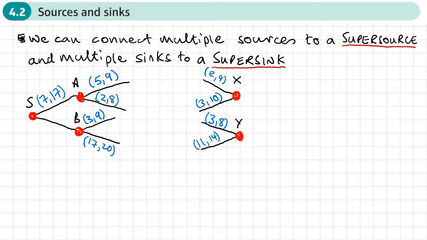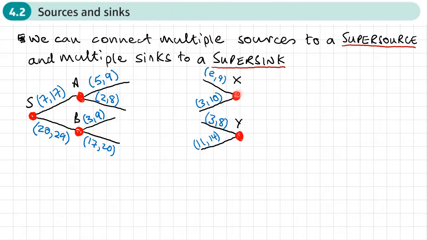If I do the same on the other arc down here, I simply add these numbers together, so 3 plus 17 gives me the lower capacity 20, and then 9 plus 20 gives me an upper capacity of 29. So that's for the sources.